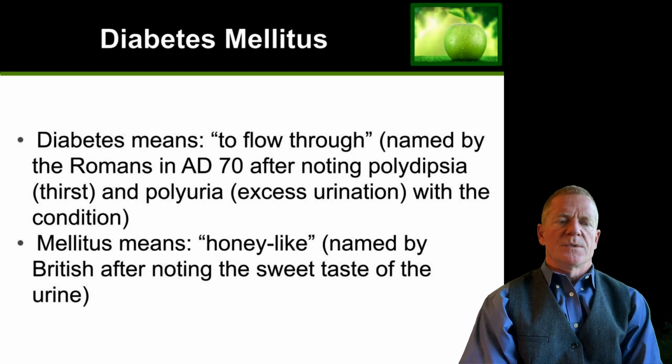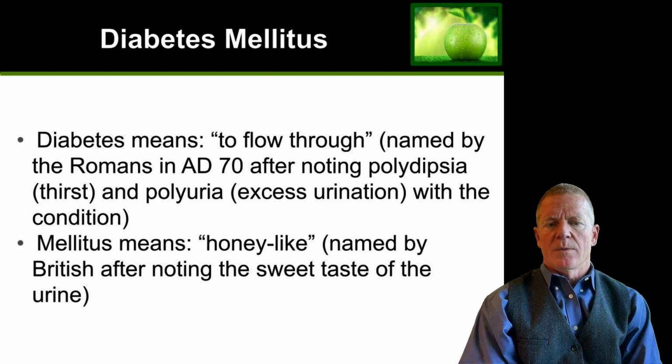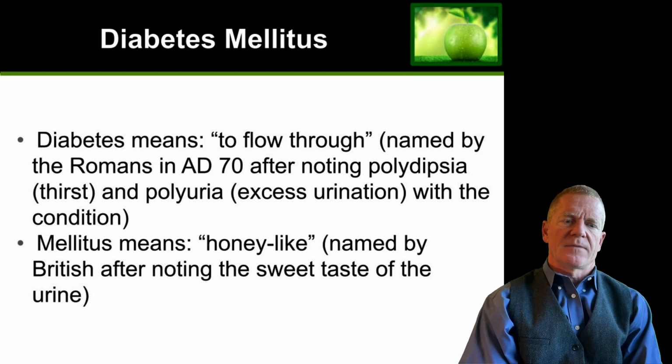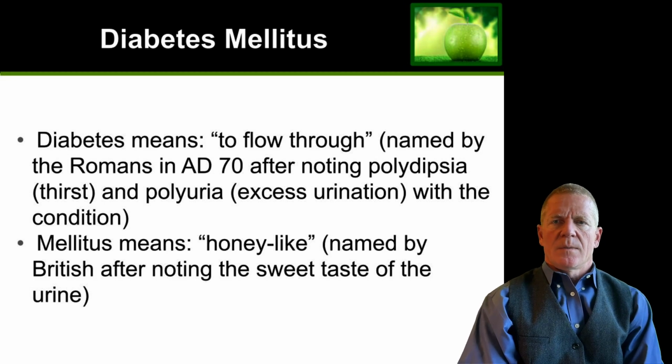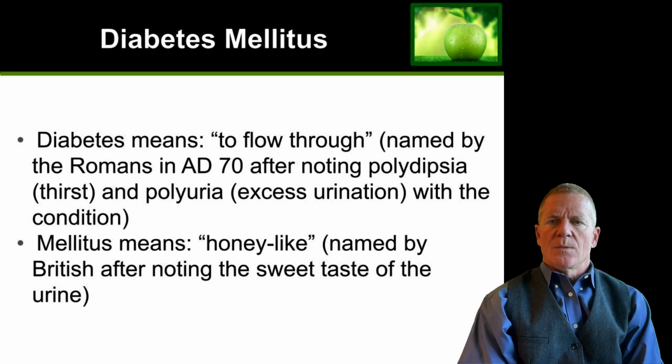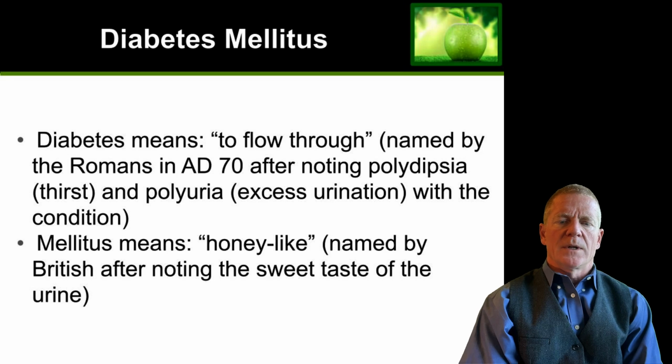It was first observed and named by the Romans in around AD 70 when they noticed that people who were gluttonous, ate too much, drank too much, started to suffer from polydipsia, that's thirst, and then associated with that, polyuria, which is excess urination.